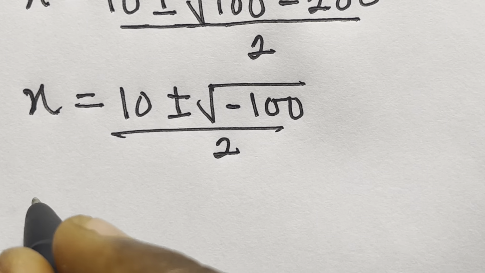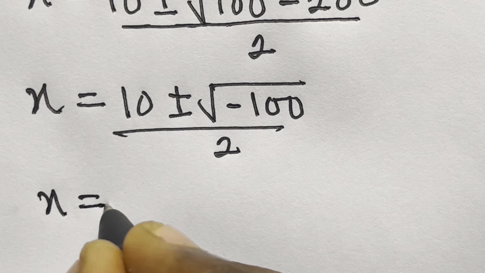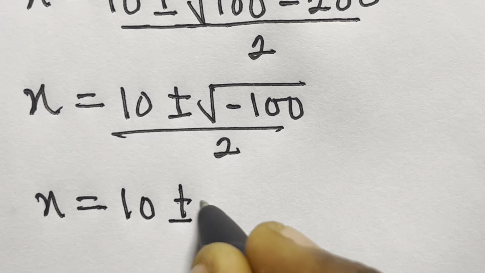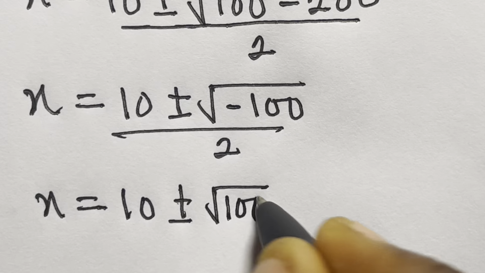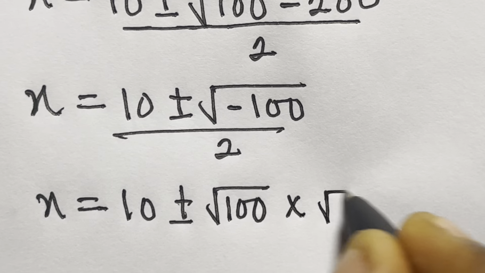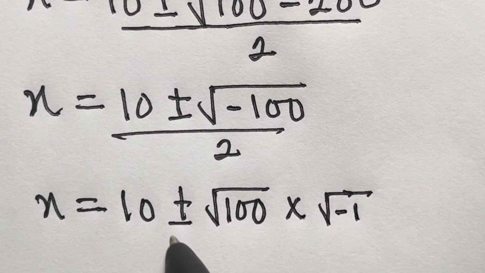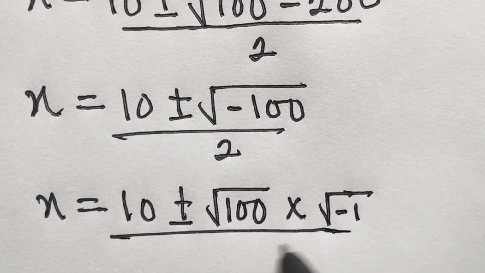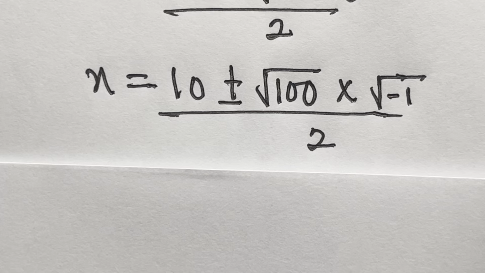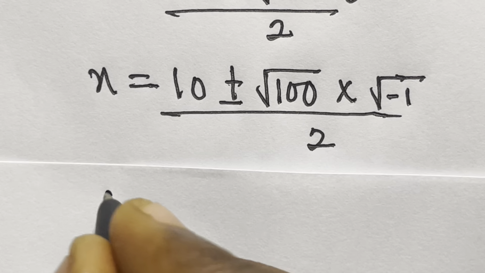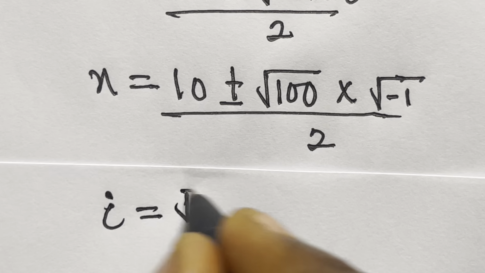So we will have x equals 10 plus or minus square root of 100 times minus 1, divided by 2. But remember that i is equal to square root of minus 1.